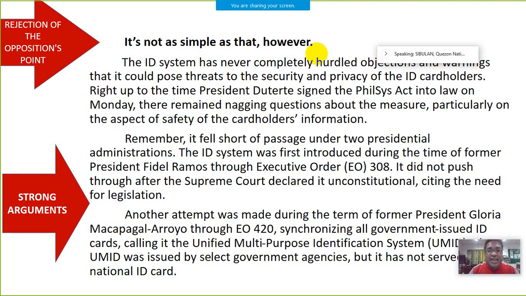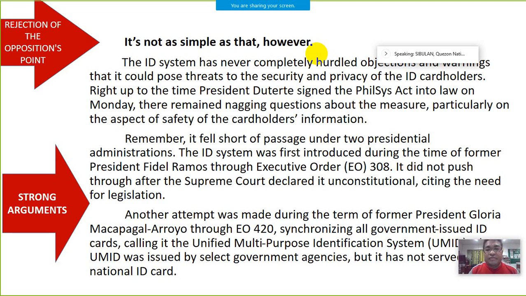Here it goes. The ID system has never completely hurdled the objection that it could pose threats to the security and privacy of the ID card holders. Right up to the time President Duterte signed the PhilSys Act into law on Monday, there remained nagging questions about the measure, particularly on the aspect of safety of the cardholders' information.